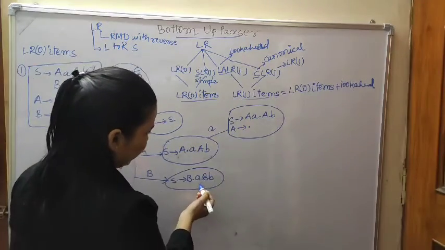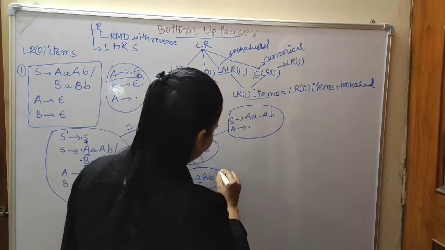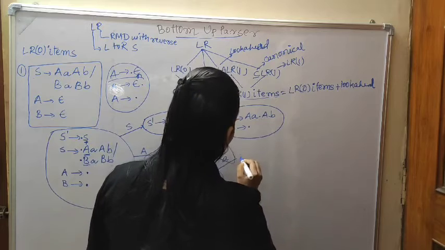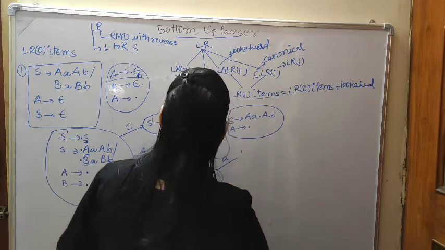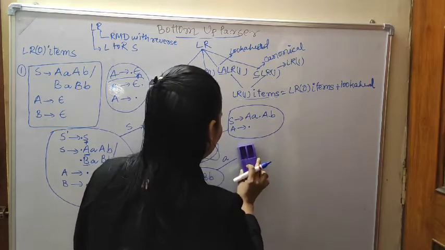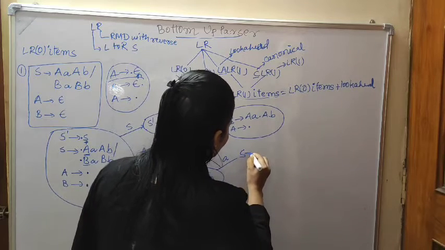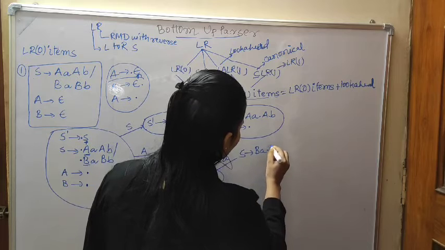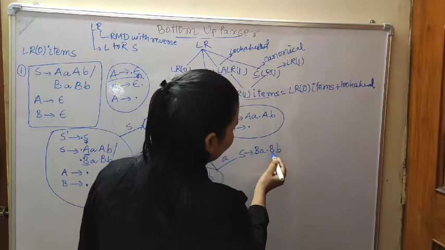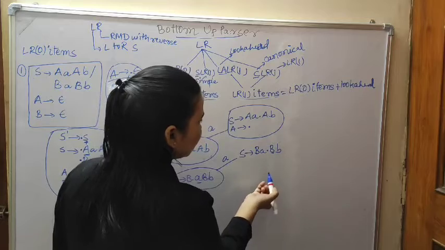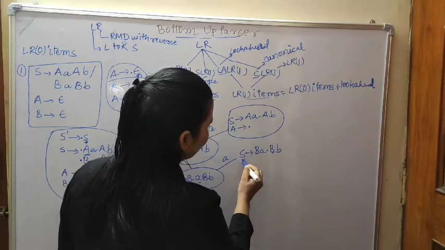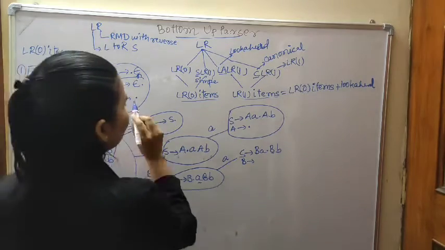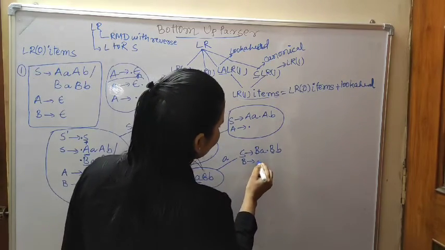Now here A is given. S2 B A B B. Now look here also, B is a non-terminal variable, so we will write the production rules of B. What is the production rule of B? That is epsilon. Epsilon means final value, that is simply dot.